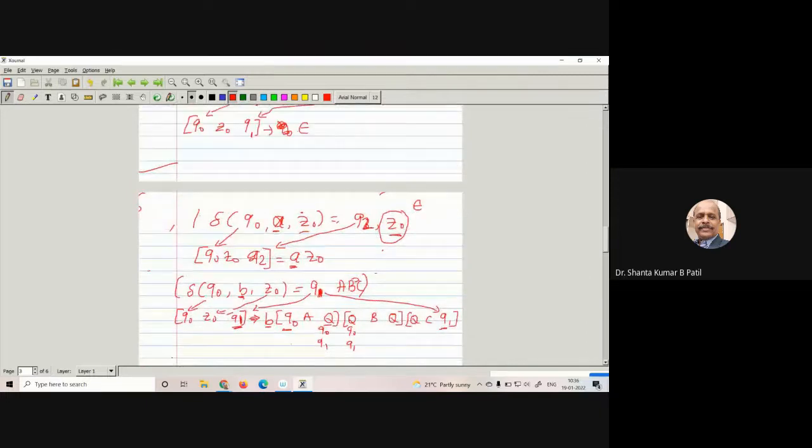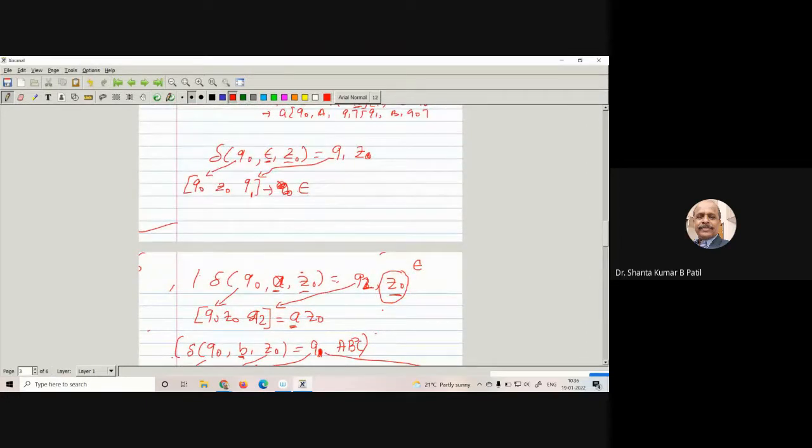So please listen to me. CFG to PDA: some rules are there in order to convert the productions into transition functions. When transition functions are given, it is a blind method. There are no rules to convert the transition function to the CFG. Hence, it is almost like trial and error.